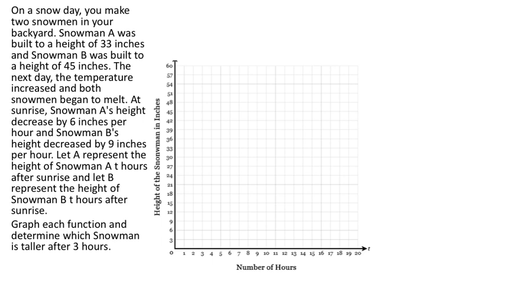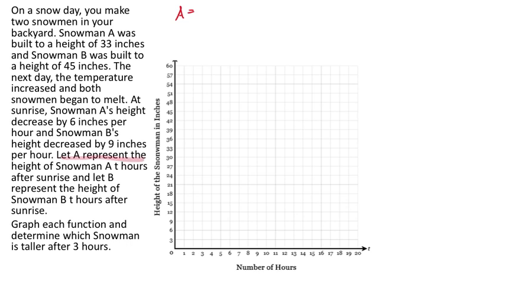So let's go to both of these snowmen. Now I'm going to start with snowman A, and it says you should use A for the height of snowman A. Where did it say that? It says snowman A. Oh, there it is.